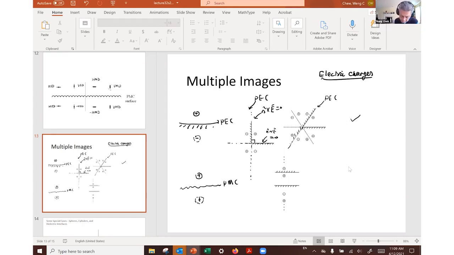Okay, and then I can start to add, for instance, if this set of charges, I can add the images, like I can add this one, which is the image to this one, and then I can add this one, which is the image to this one. And then I notice that I can add this one, which is the image to this one. Okay, then I notice that the boundary condition is also satisfied on this surface over here.